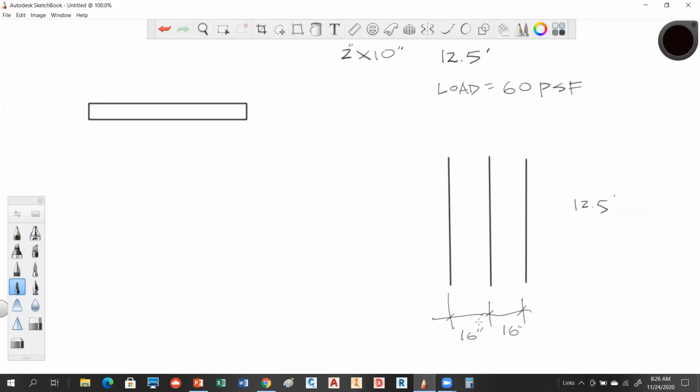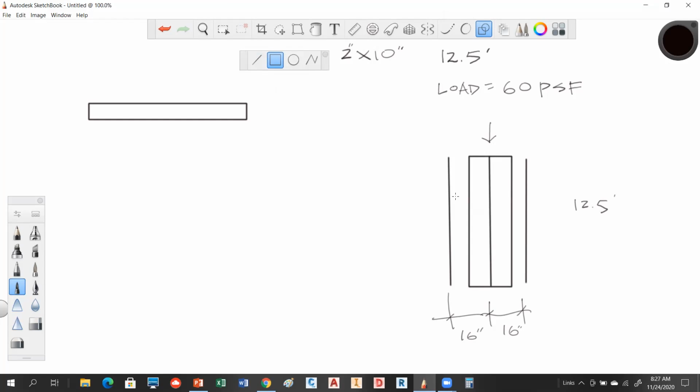Okay, so what's the tributary area of this joist right here? Is it 16 inches? It is, because each joist is going to be responsible for half, right? Yeah. So each joist is going to be responsible for half the load. So there's your tributary area for that joist, okay?